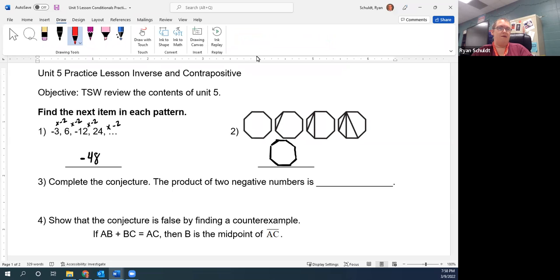Okay, so let's see. We started at this corner and went there. Then we went to that corner. Then we went to that corner. What's going to be next? Well, now we're going to go to that corner. We're just going to different corners.